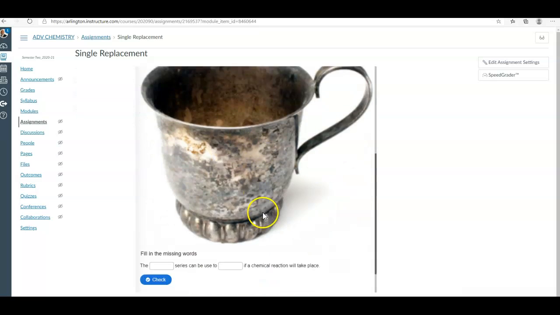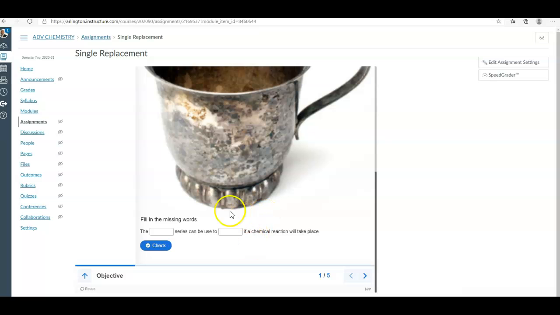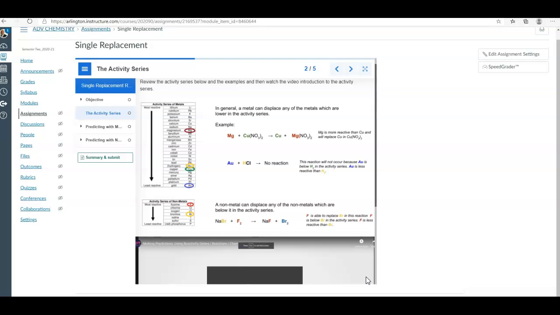Now, what is the activity series? You guys can go ahead and complete this later. The activity series is simply the arrangement of elements based on their reactivity. So in this case, you see there are some of those metals, they are arranged in decreasing reactivity.